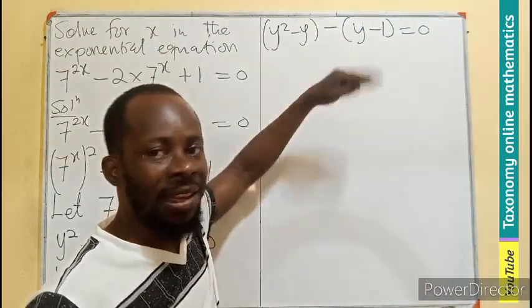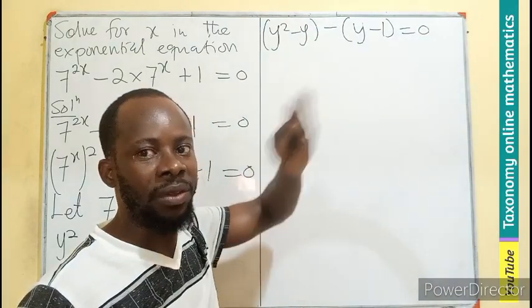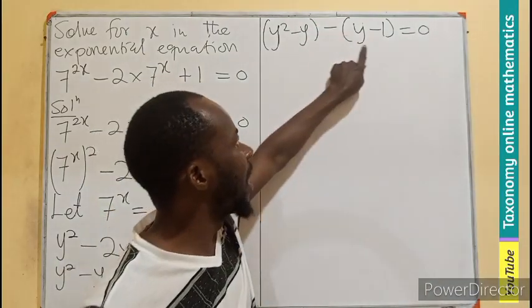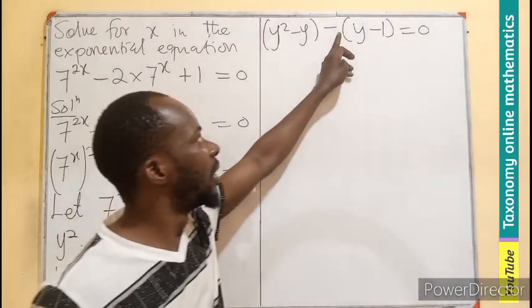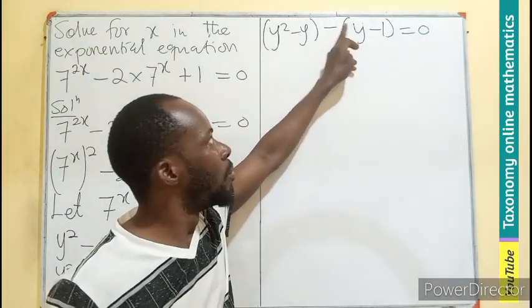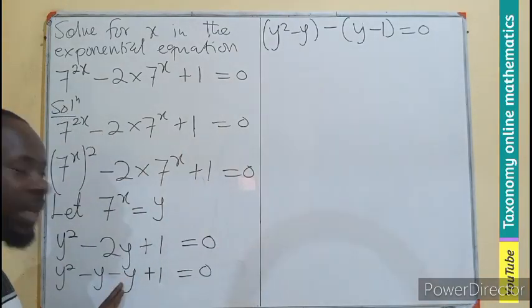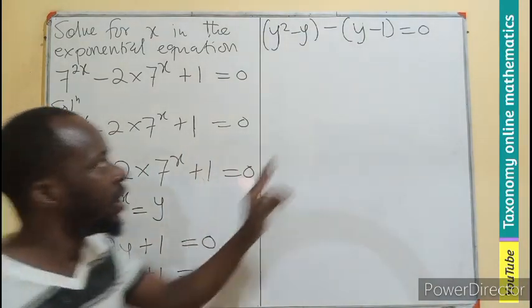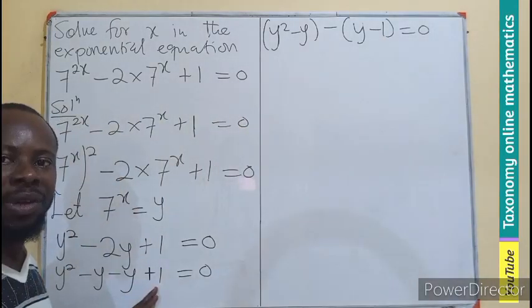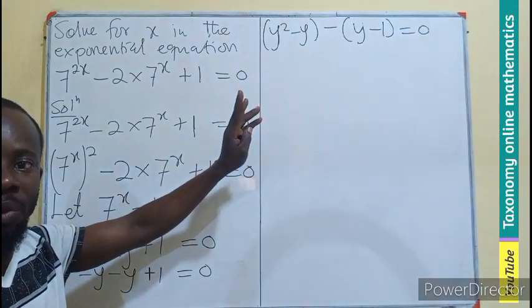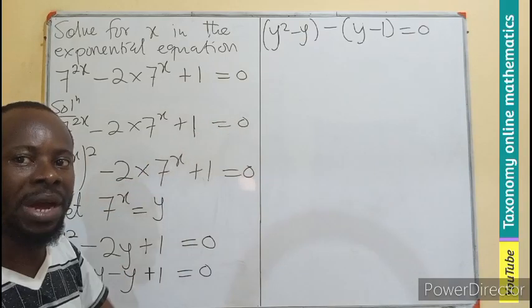You know, expansion is the opposite of factorization. So if I expand this bracket, I should be able to get back this. As in, here negative 1 multiplying y gives you negative y. Here negative 1 times negative 1 will also give us what? A positive 1. So that is why we bring in a negative in the bracket.